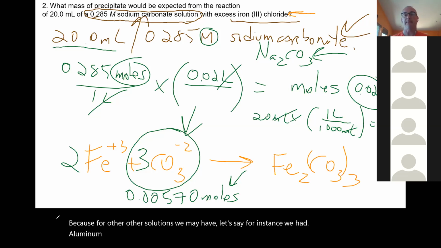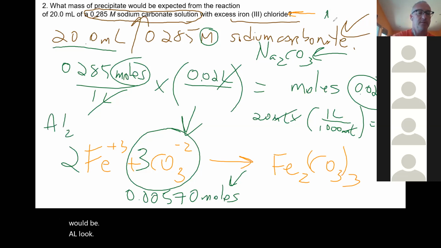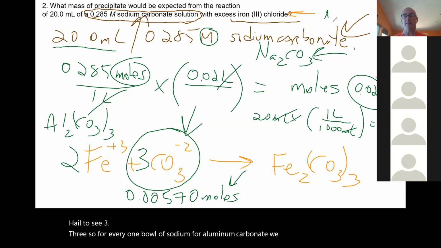I mean, that would precipitate. But if we had aluminum carbonate, that would be Al2(CO3)3.